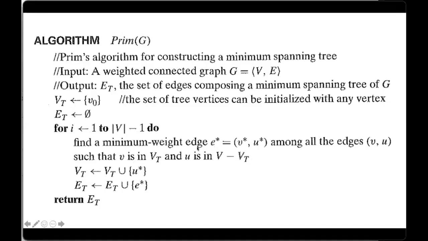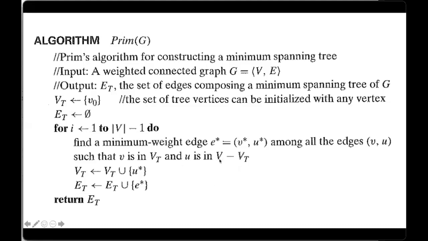You have to find a minimum weight edge from V to U such that one vertex is already present in VT, and the other must be anything other than the present vertex.